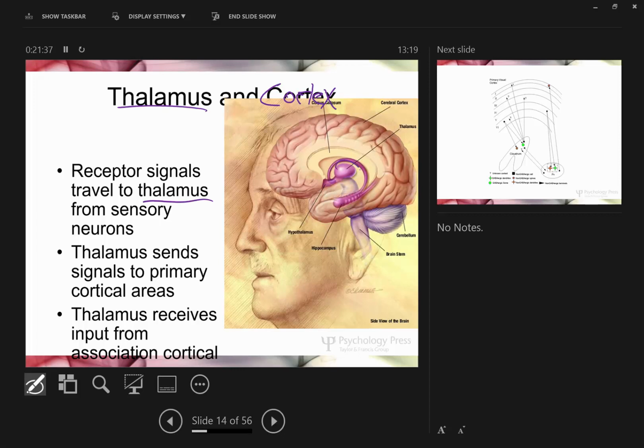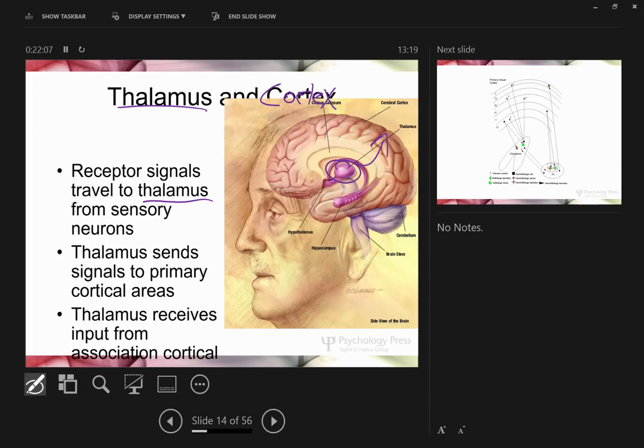It's this guy right here. It's a sensory processing location in the middle of the brain. It handles very basic, rudimentary, low-level information about the sensory stimulus that's coming in. Once it receives and processes that information, it sends it up to cortex somewhere. Again, that's going to be specific to the sensory modality.